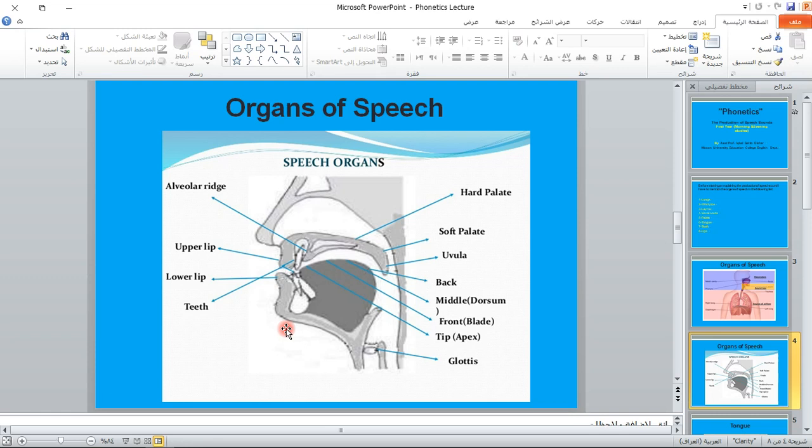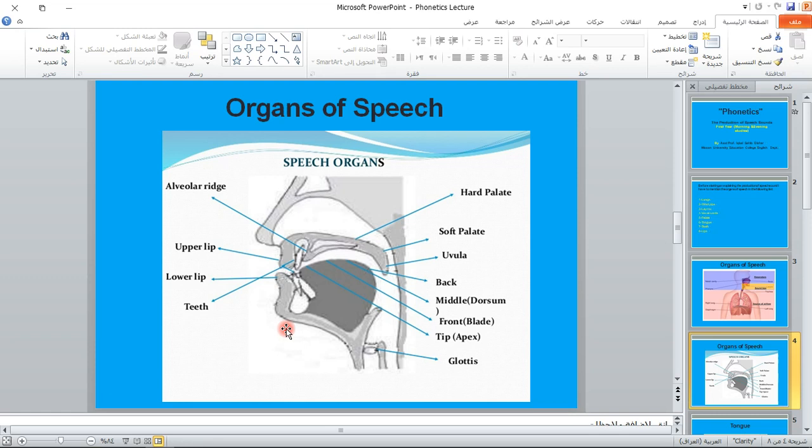Here we have nasals. For example, while when the soft palate is raised, it closes the nasal cavity, nose, and opens the oral cavity, mouth. In this case, we get vowel sounds.